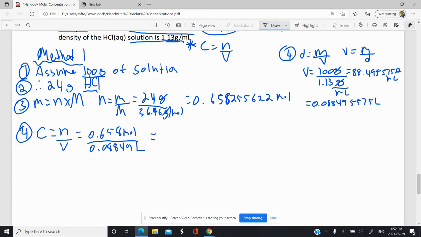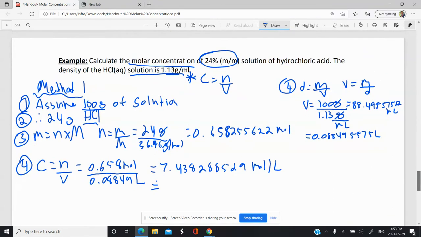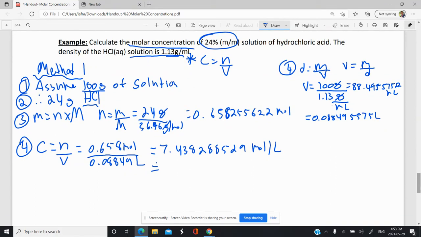So I have 0.658255622 divided by our answer there, and we get about 7.438288529 moles per liter, which is approximately, according to our sig figs, how many sig figs do we have? 2 sig figs, so about 7.4 moles per liter.